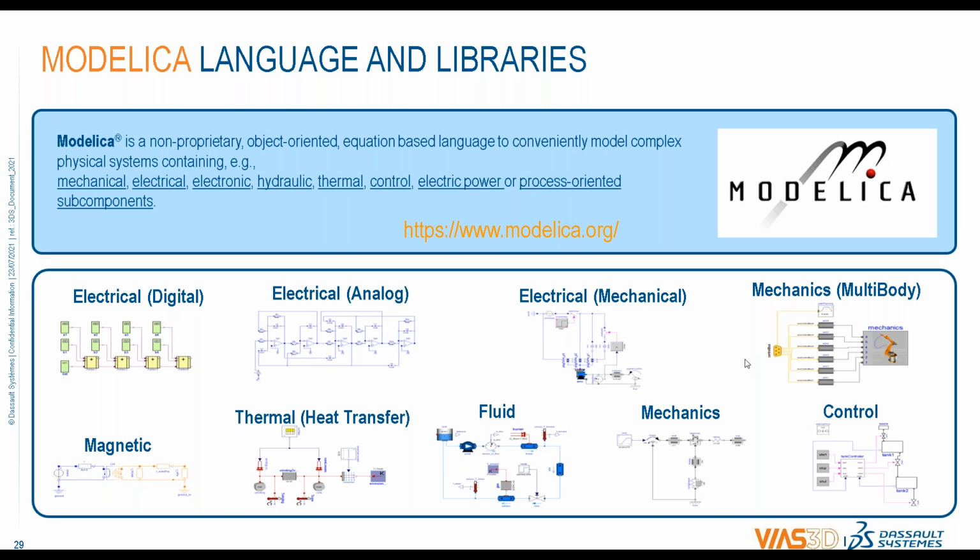Now, when you are doing the physical system model, you can include tools like Simulink or Dymola. Dymola is based on the Modelica language, and you can directly use this tool through model-based systems engineering.